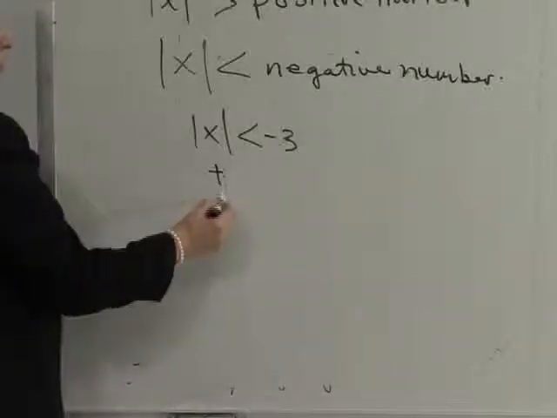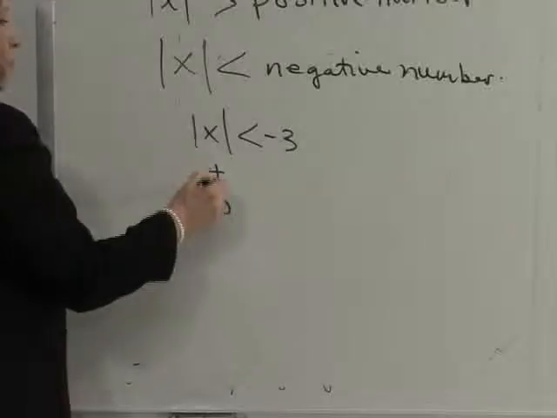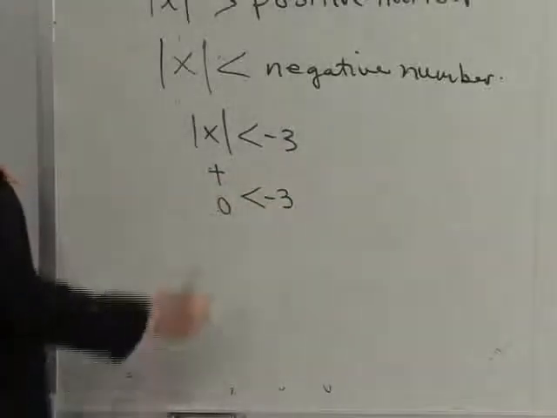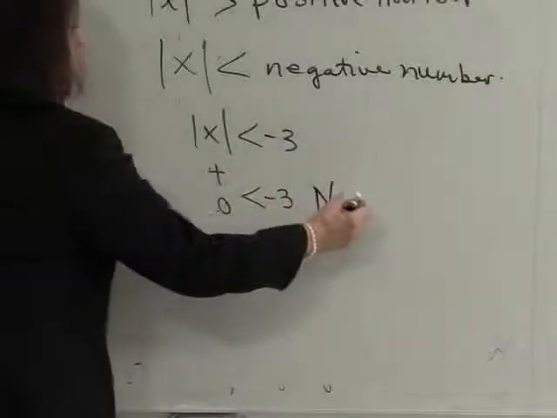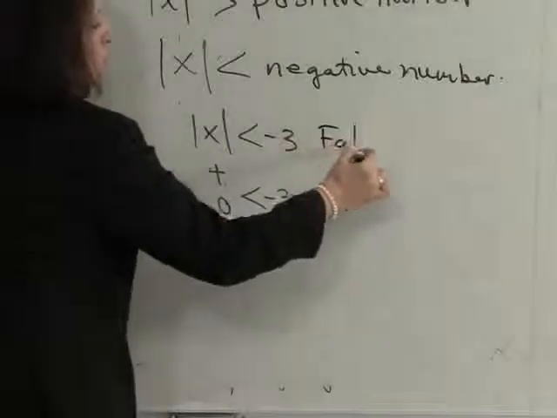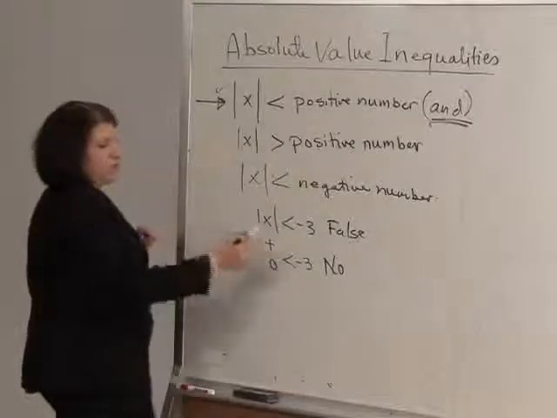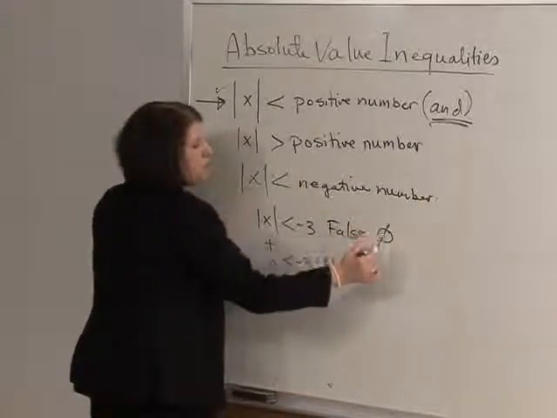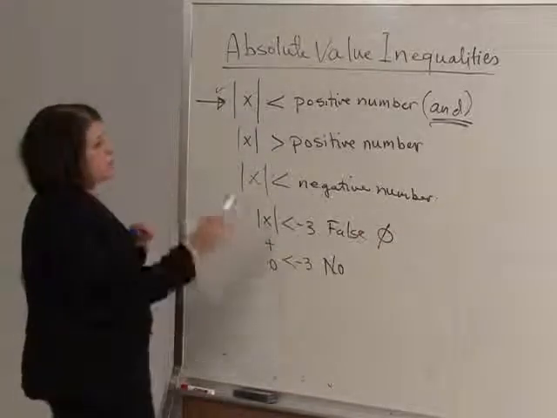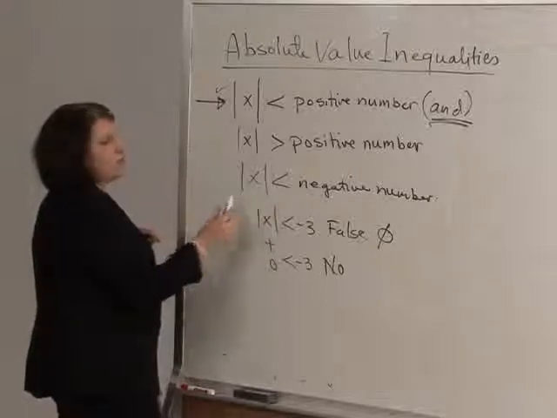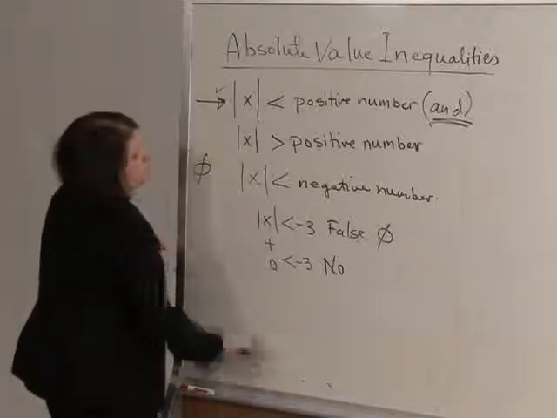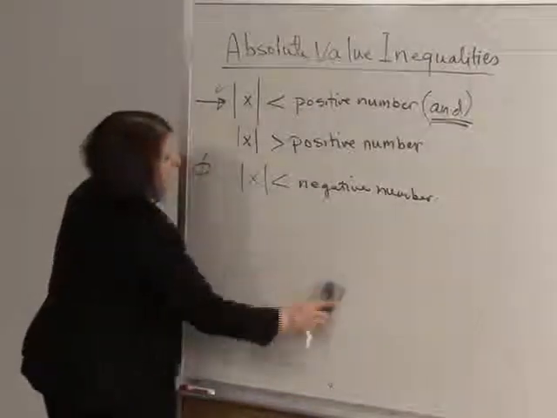Is a positive number or 0 less than a negative number? No. And that means this statement is false. And if the statement is false, that means you have no solution, or the solution is the empty set. So that's the case when it's less than a negative number. You know that there's no solution right there, just because of this statement being false all the time.